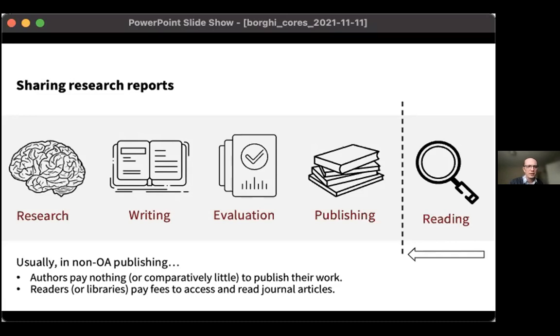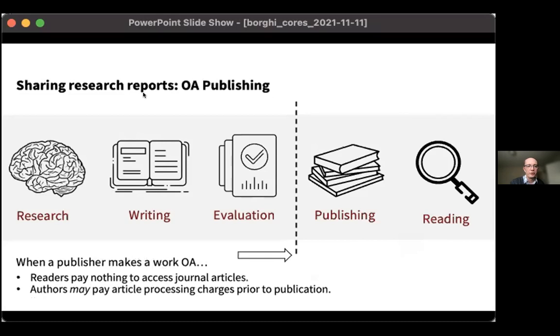So researchers submit their work to whatever journal, and then those of us who work in libraries, our colleagues who handle the collection, pay for a subscription so that the folks here at Stanford or whatever academic institution we may work at can access those materials.